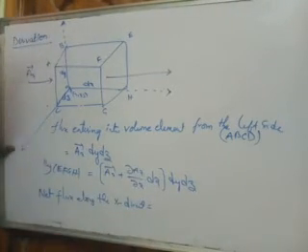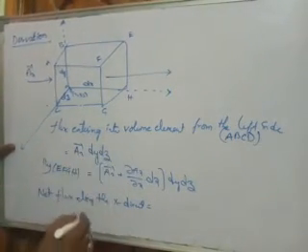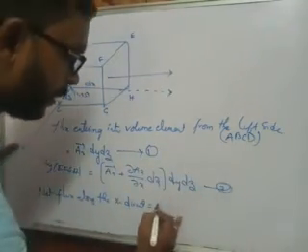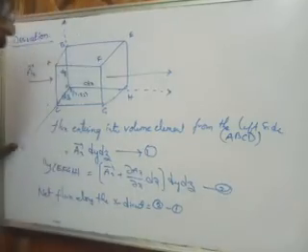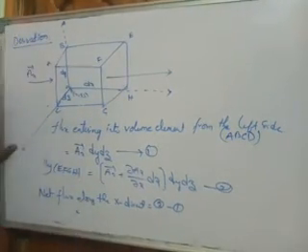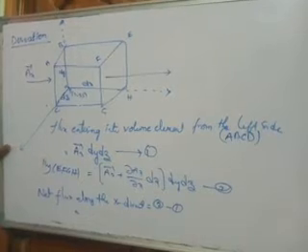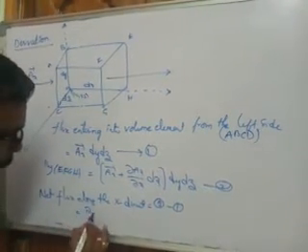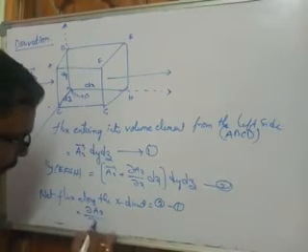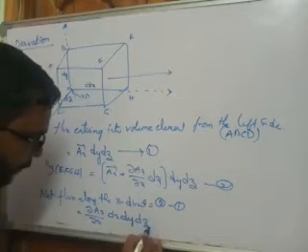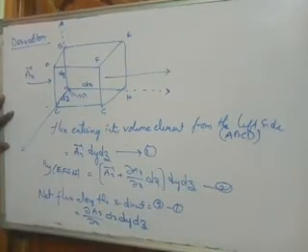What we have to do? We have to subtract these two equations. Assume this is equation number 1 and this is 2, and let us make 2 minus 1. So what we get finally if we do 2 minus 1? The answer is dou Ax by dou x into dx dy dz.